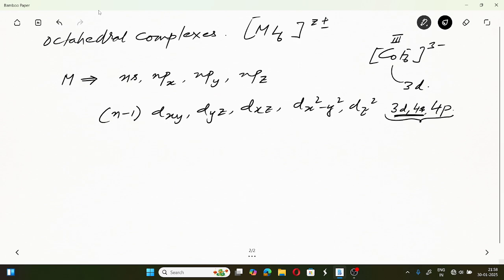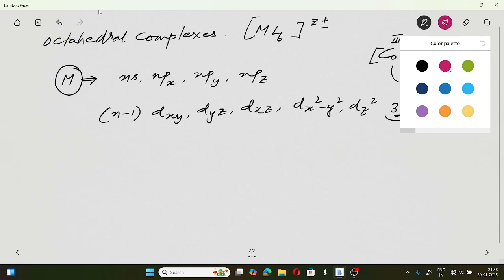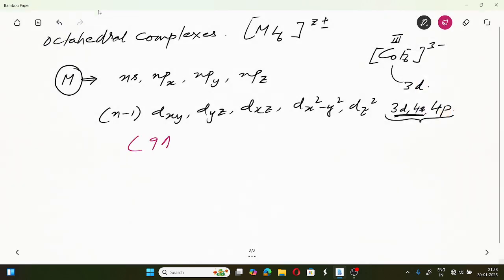So these are the orbitals of the metal that should be involved in bonding. You can well understand there are 9 atomic orbitals of the metal center.